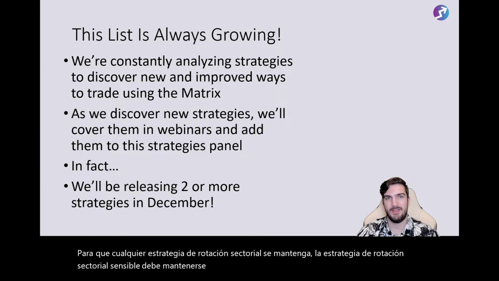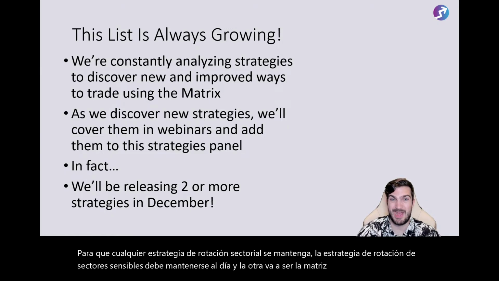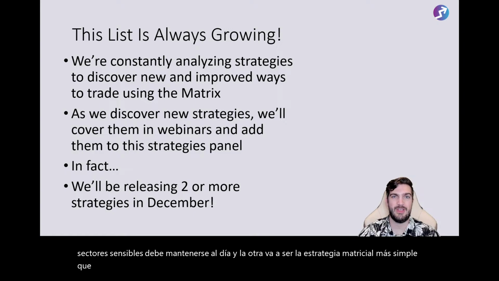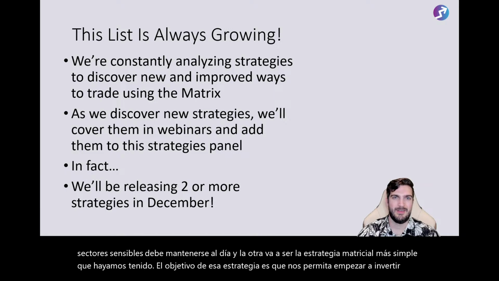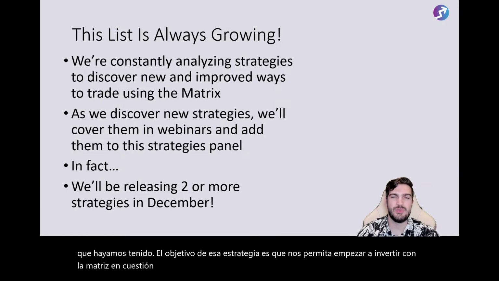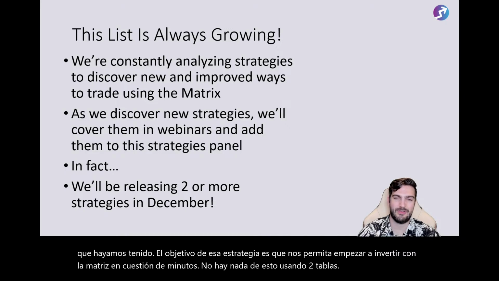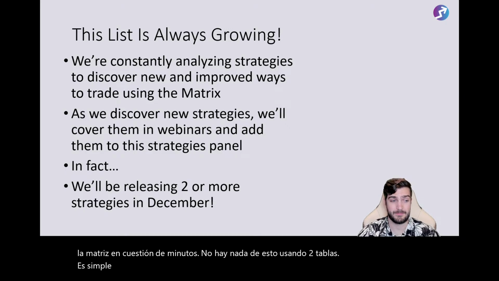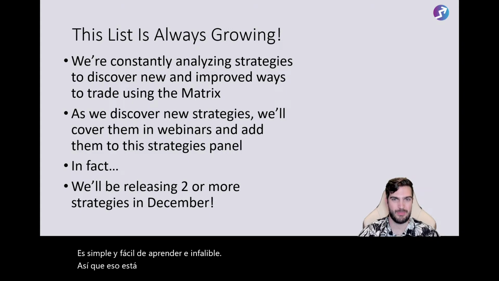And the other is going to be the simplest matrix strategy that we've ever had. The point of that strategy is meant to be one that allows us to start investing with the matrix in minutes. There's none of this using 2 tables. It's simple and easy to learn and foolproof. So, that is coming up in December for Sectors Made Simple subscribers.